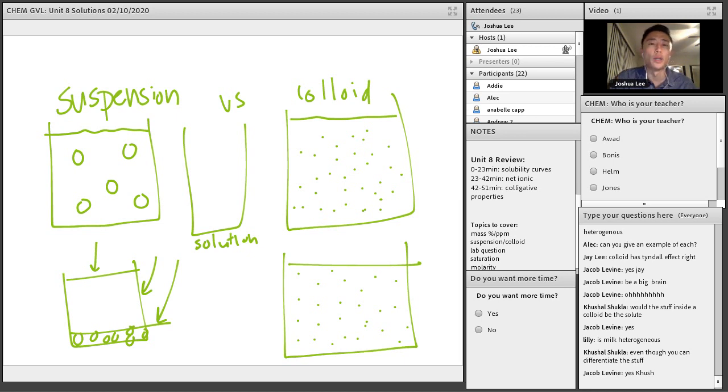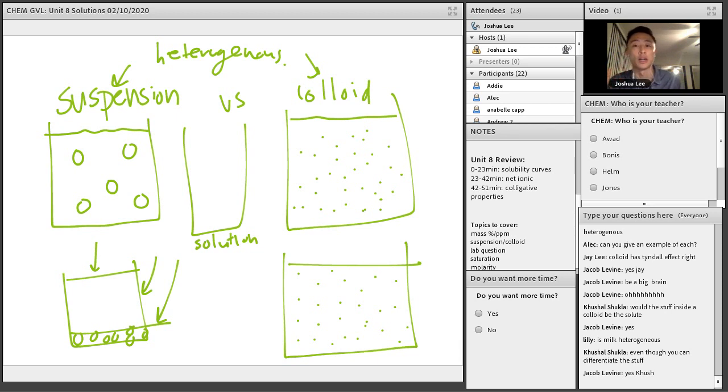It's kind of weird because colloids and suspensions are both considered to be mixtures. So they're both considered to be heterogeneous. Even though when you look at milk, it's like, oh, but milk is all the same thing, it's all one thing. But if you looked at it more closely, you would then realize, okay, it's definitely different.